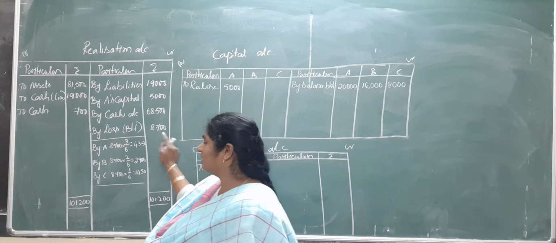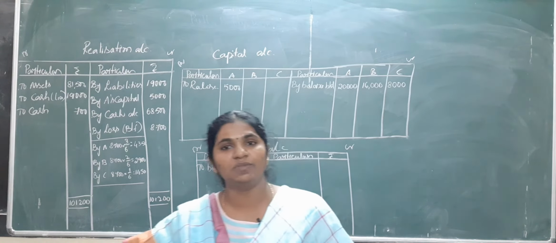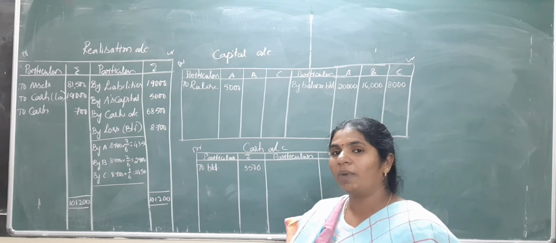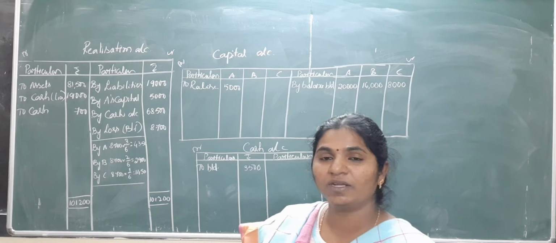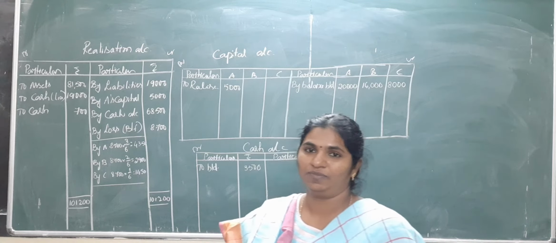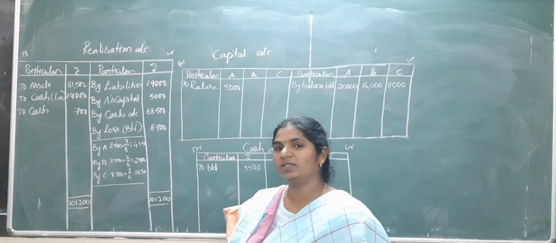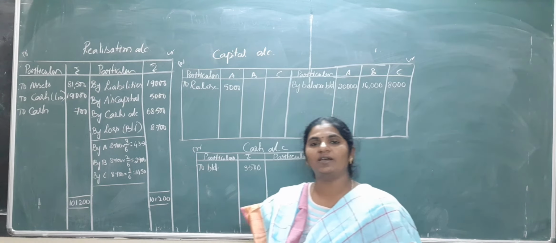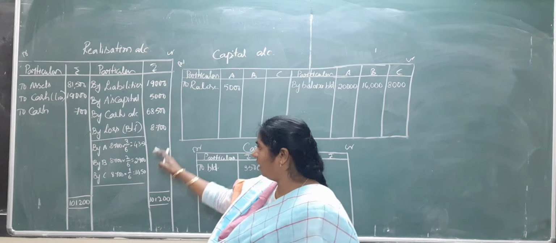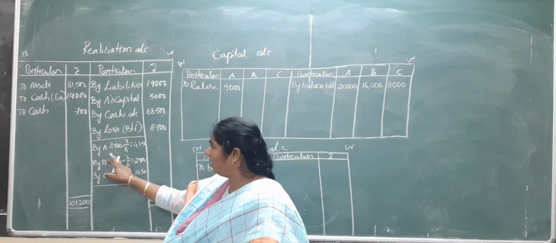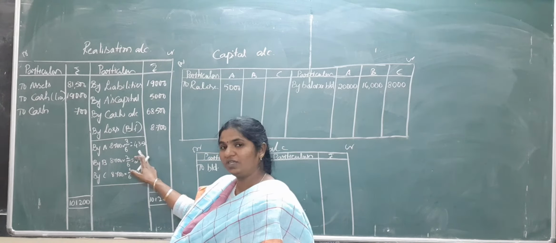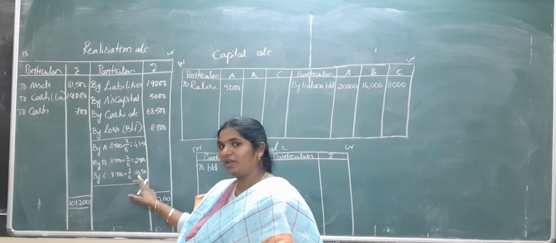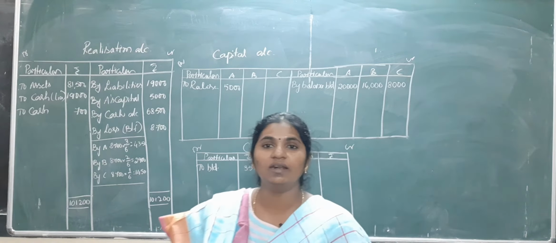Students, remember that whether it is profit or loss, it should be transferred to partners' capital accounts in their respective profit sharing ratio. The profit sharing ratio among partners is 3:2:1. 3 belongs to A, 2 belongs to B and 1 belongs to C. So A has to bear a loss of 4,350, B has to bear a loss of 2,900 and C has to bear a loss of 1,450.